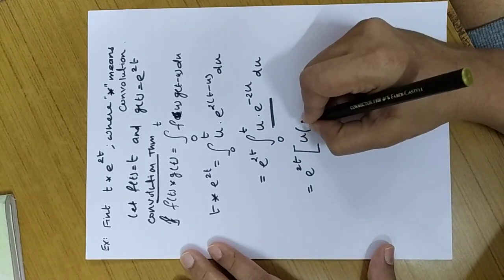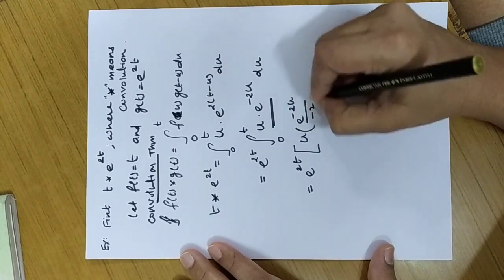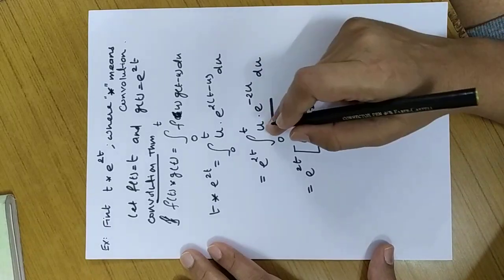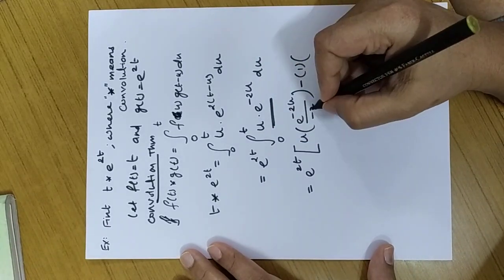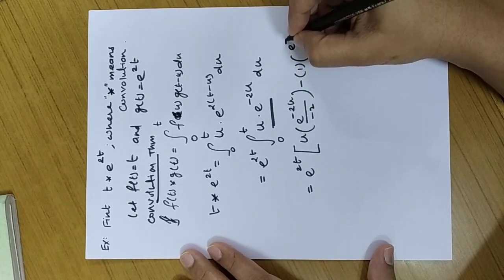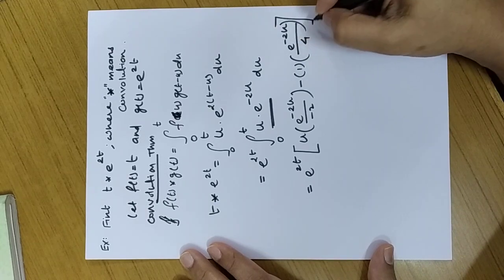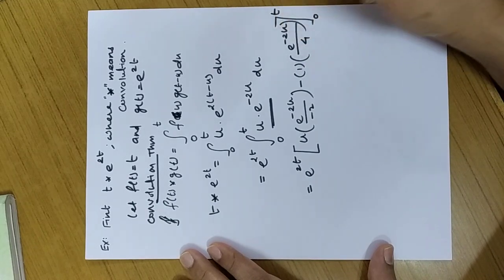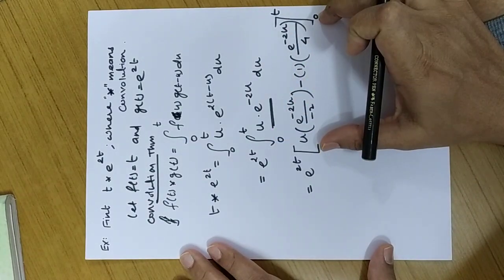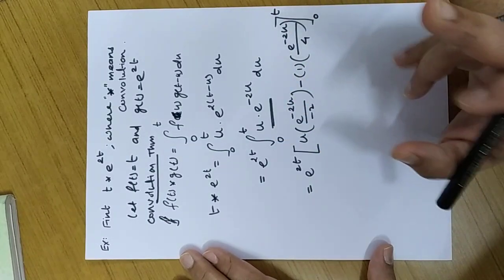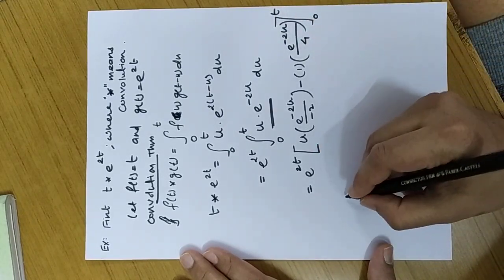So u, integration of e raised to minus 2u by minus 2, minus derivative of u which is 1 and then integration of this function, e raised to minus 2u by 4, with limit 0 to t. In order to evaluate this integration, you have to understand the Bernoulli formula of integration. Okay, we have used this result.